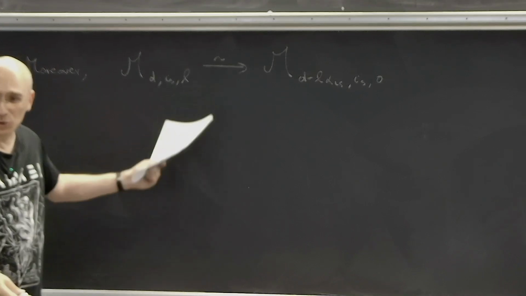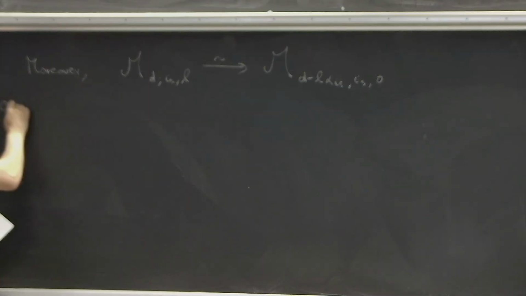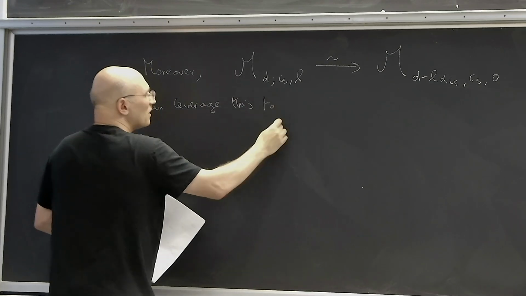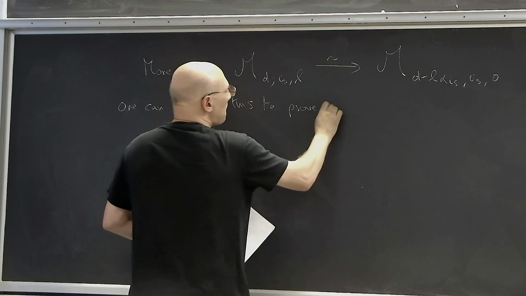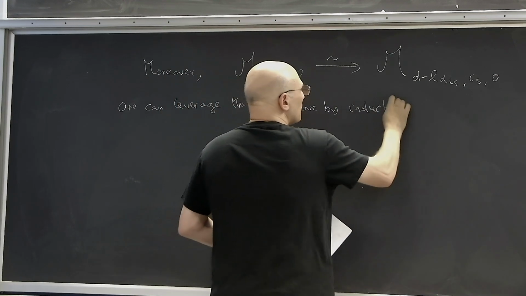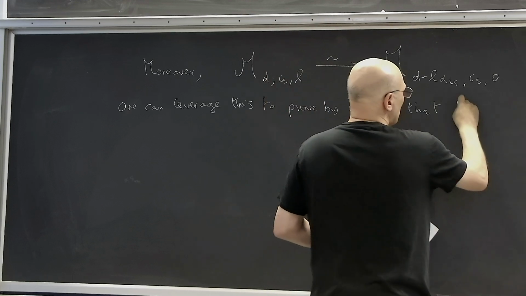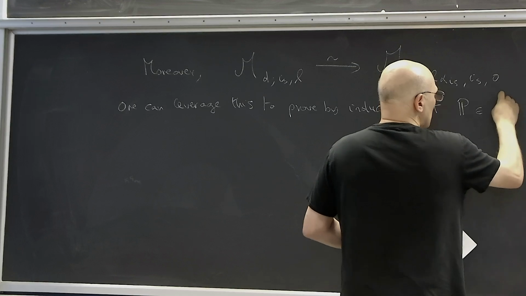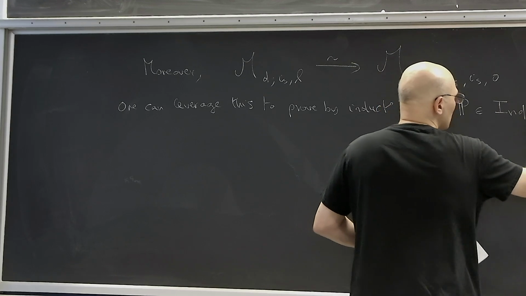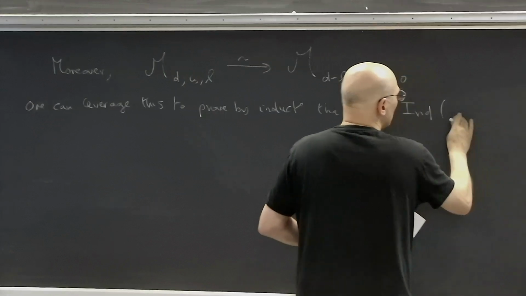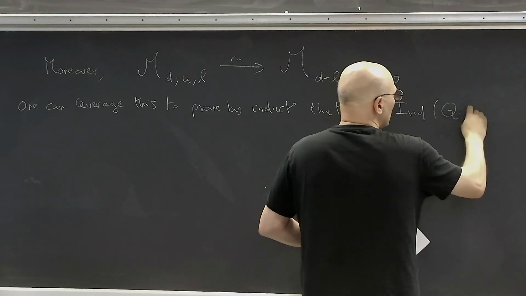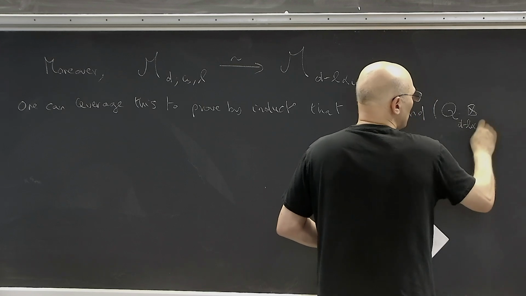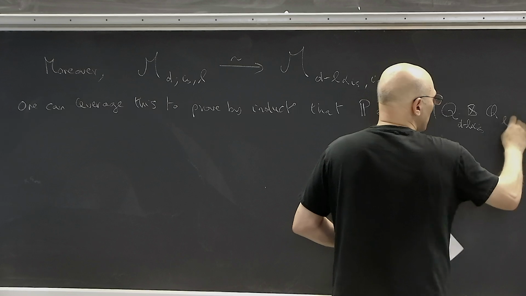Okay, and then one can leverage this to prove by induction that P is in, let's say, induction of Q, and then let's say D minus L alpha IS, Q L alpha IS.